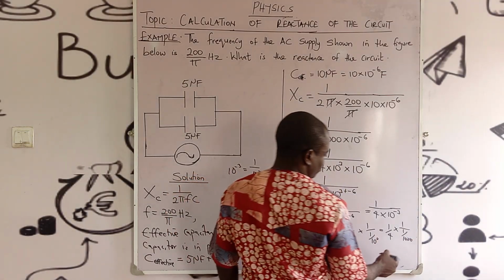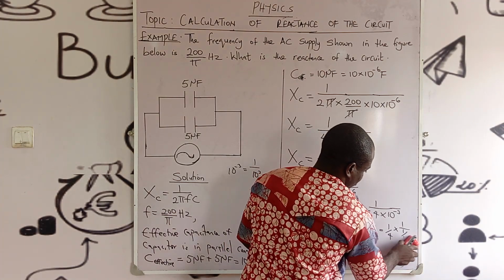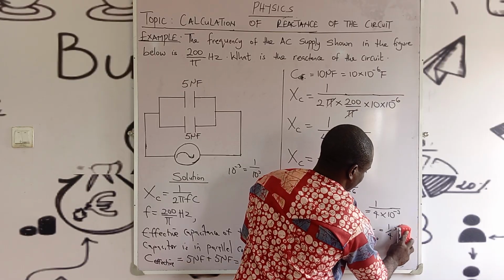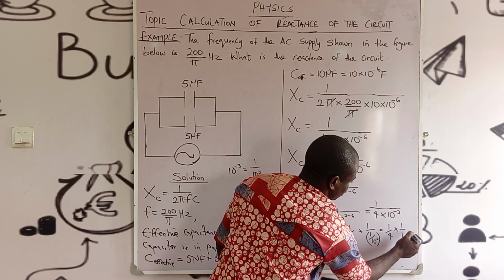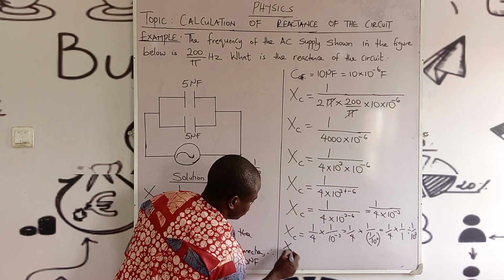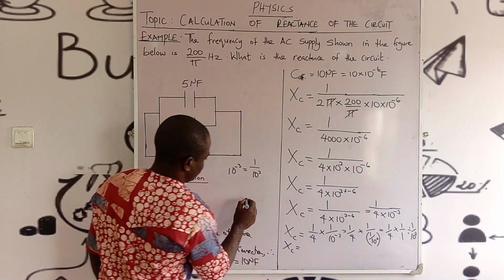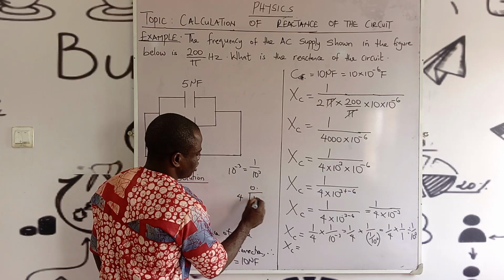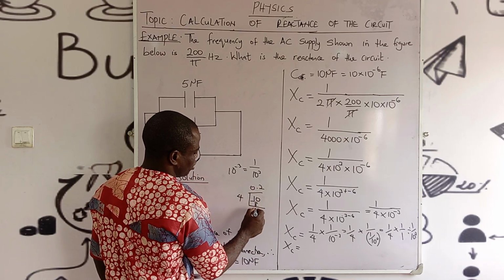Let's take it as this. This one together is 1 over 1 divided by 1 over 10 raised to the power 3. Now, XC equals 1 divided by 4. 4 goes in 1, impossible, 0 point. Add the 0. 4 in 10, 2. 4 times 2, 8. 10 minus 8, that's 2.